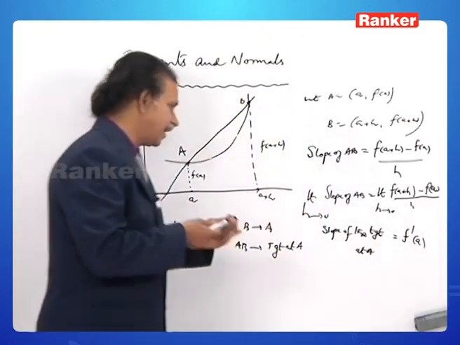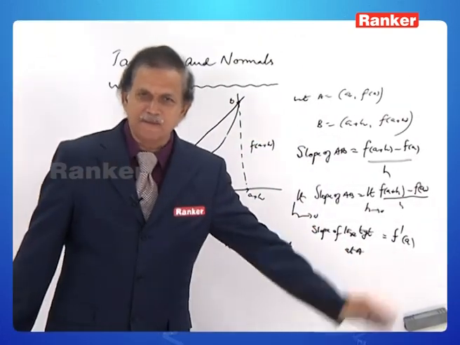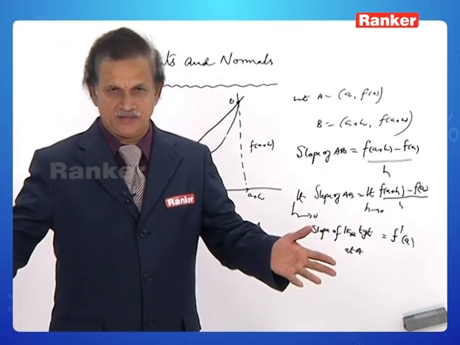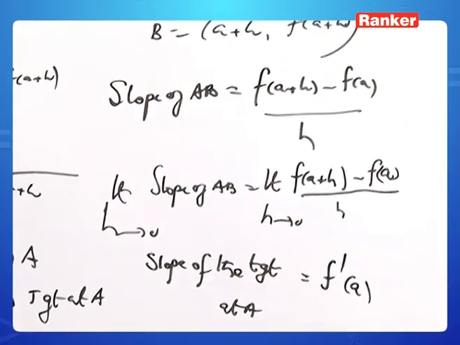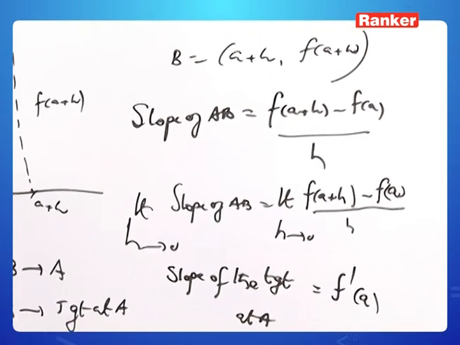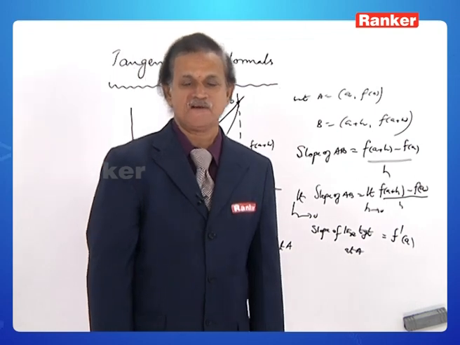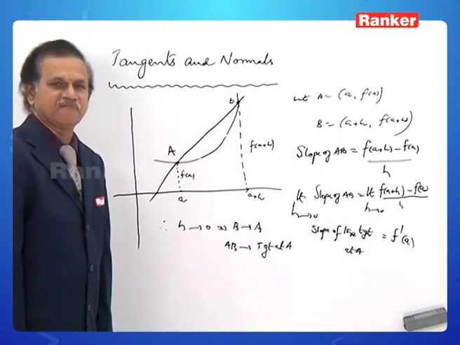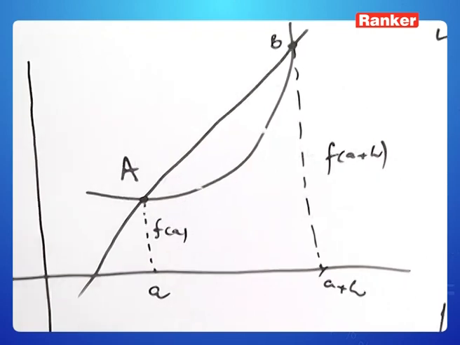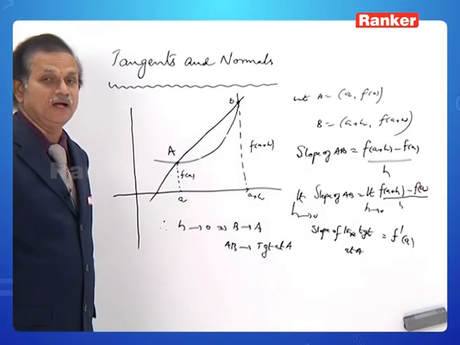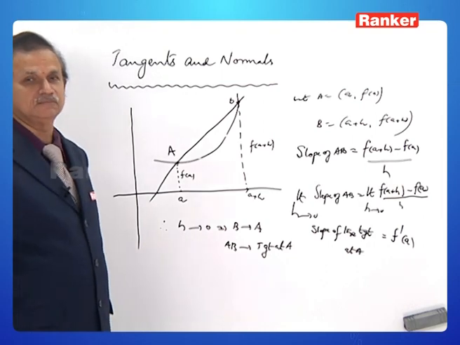f'(a). This simple discussion tells us the way to get the slope of the tangent at the point x equal to a on the curve y equals f(x). What is that? f'(a). What is the slope of the tangent at (x1, y1)? f'(x1).